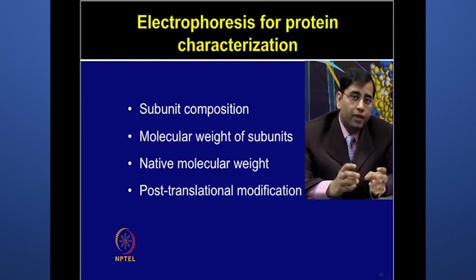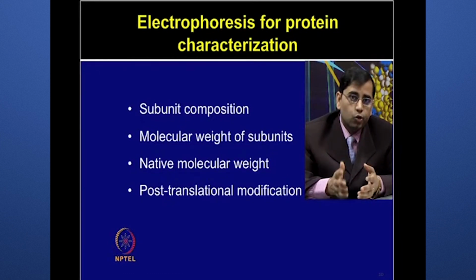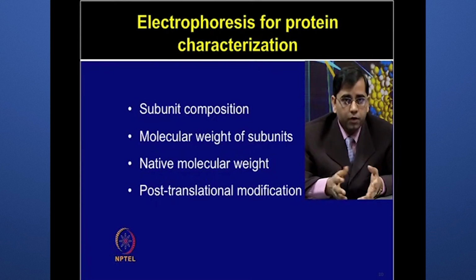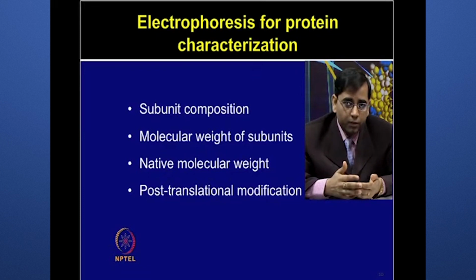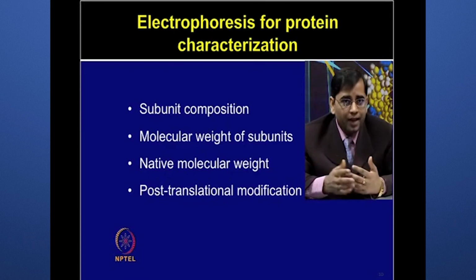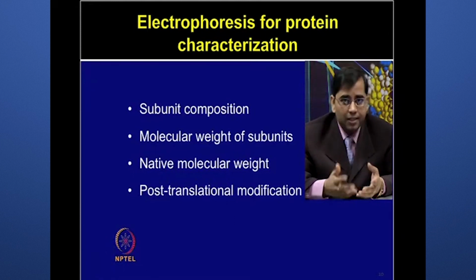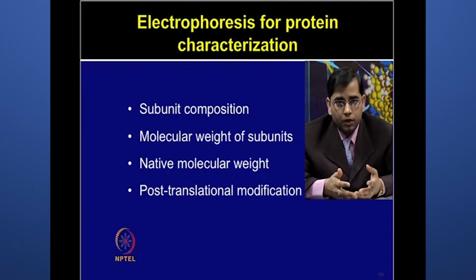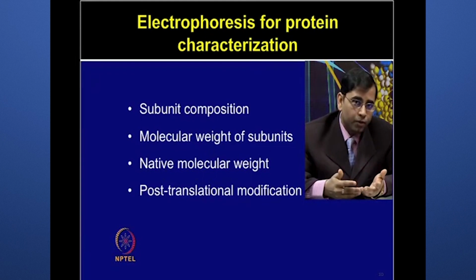Again, only one technique may not be able to answer all of these questions, so often you have to involve more than one type of electrophoretic method. For example, while comparing native and subunit forms, you need both native electrophoresis and SDS-PAGE. If you want to look for post-translational modification, then SDS-PAGE will be useful.